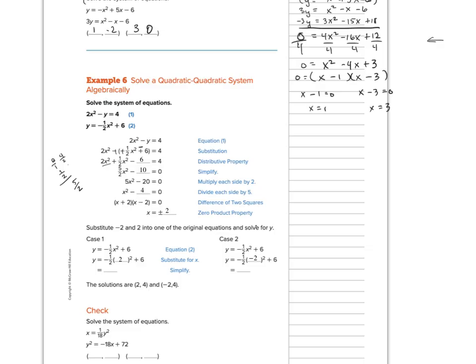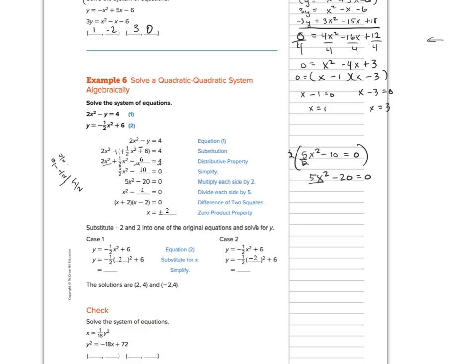Then they subtracted 4 from both sides, and that's how they have the -10. Again, to get rid of that fraction, they said if we multiply everything times 2, it's going to eliminate this fraction. So I end up with 5x squared minus 20 equals 0.